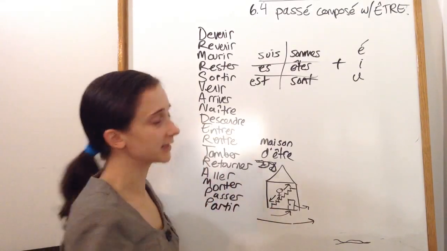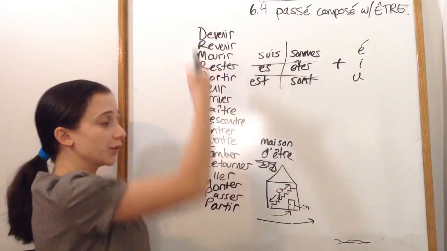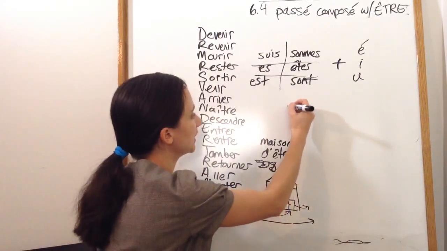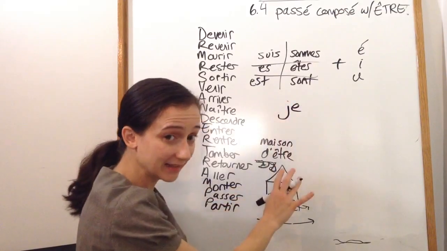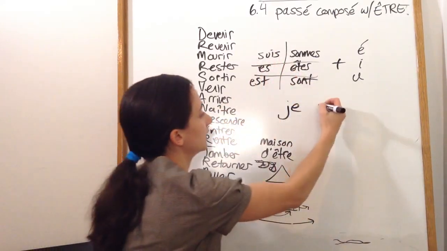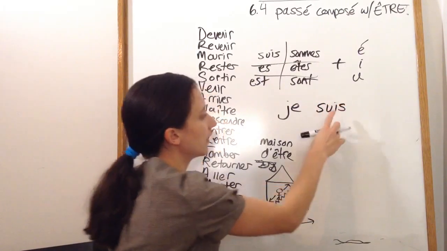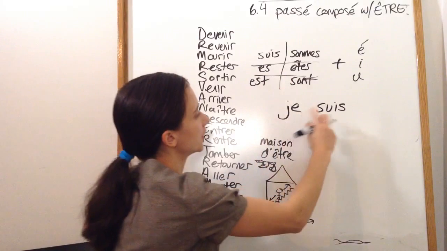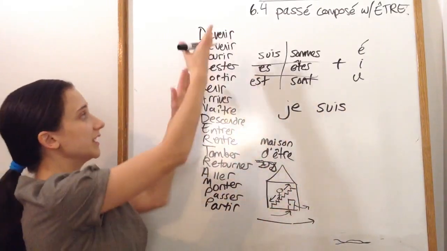So now let's make a sentence. If you're using one of these verbs, like "I went," let's say I. Now what do we say? Am. Suis. The present tense of the auxiliary verb être. Je suis. Now we need to go down here.